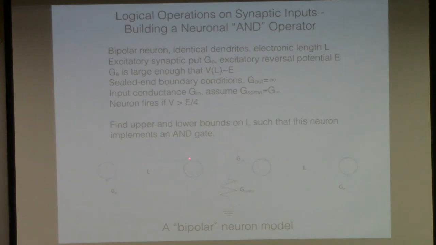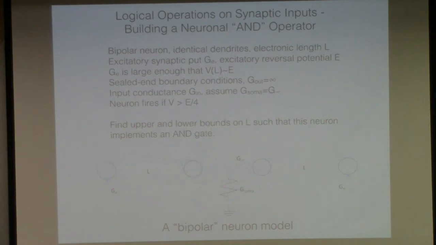So when the inputs are very close to the soma, intuitively you would think that one input might be able to effectively activate the soma if it's very close to it, right? What's the reasoning for that? Imagine applying a steady current at this location. It's close to the soma. There's not a lot of opportunity for decay of membrane potential from this site to the soma.